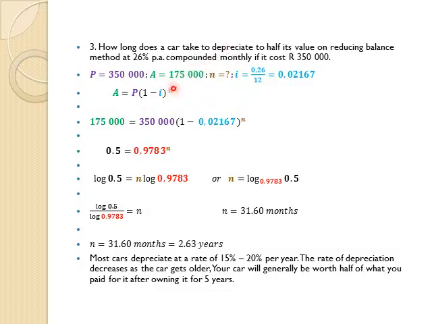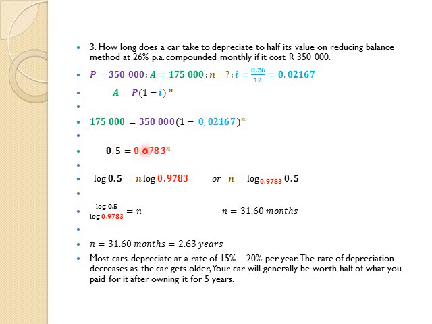So it depreciates, so A equal P, 1 minus i to the power n. A is 175,000, P is 350,000, my interest is 0.02167. 175 divided by 350 would give me half, or 0.5. 1 minus that gives me 0.9783 to the power n.